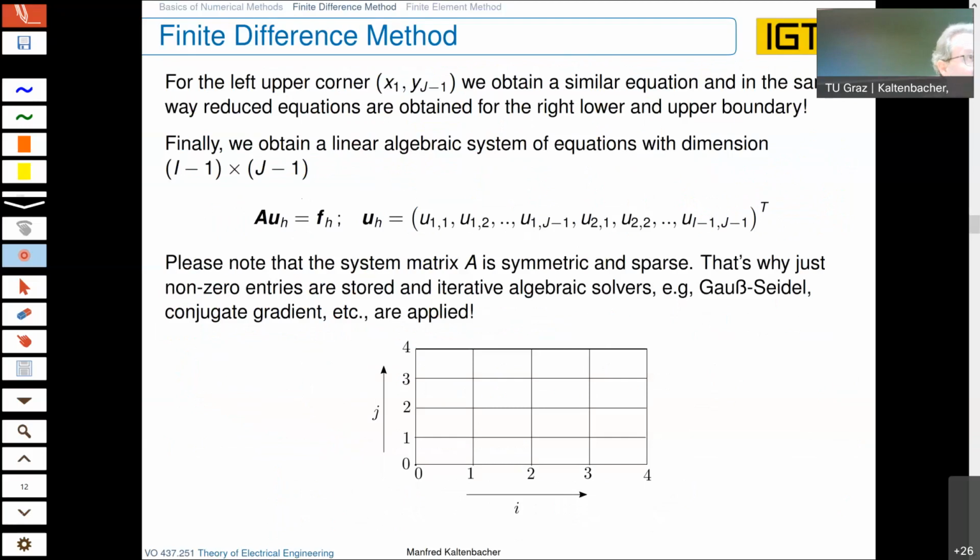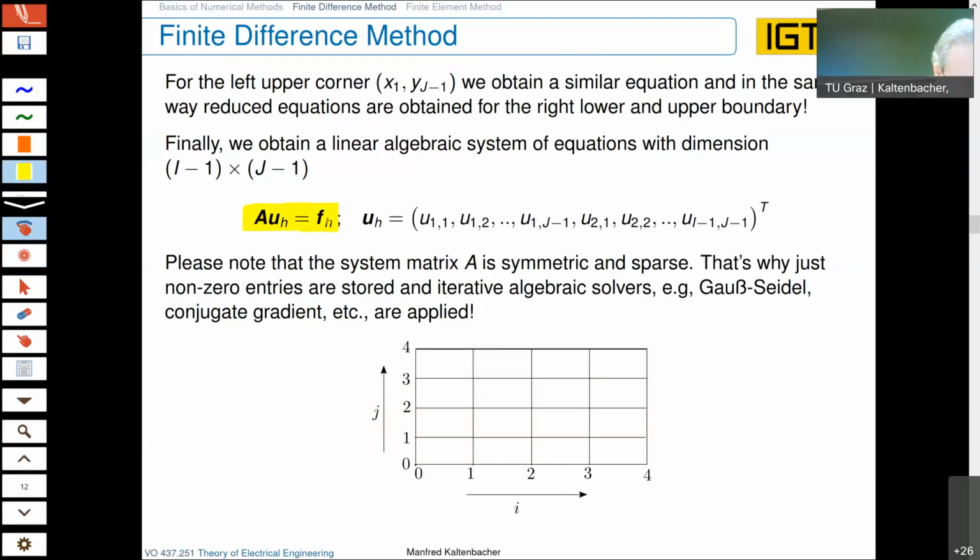That means at the end, what we get out is a system matrix A multiplied by a vector collecting the unknowns. In our case, this is 9. The system matrix, we therefore will have a 9 by 9 system matrix.